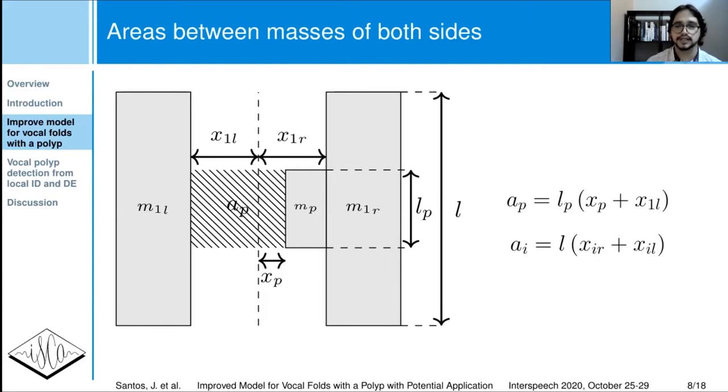And to calculate the other areas between the masses of both sides of the folds, either the lower or the upper mass, we use the length of the glottis multiplied by the sum of the displacement of both masses of both sides.